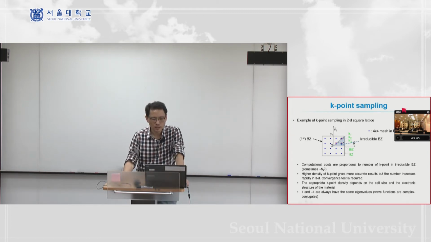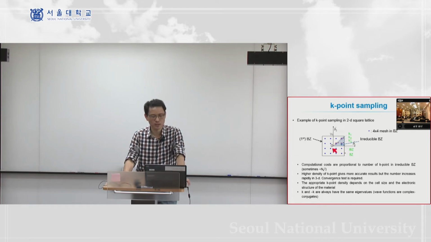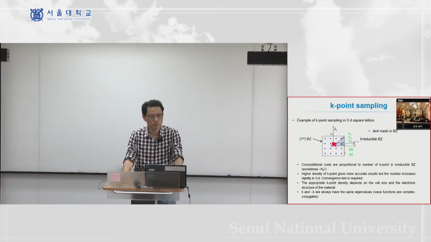Here we have this 4x4 k-point mesh in the first Brillouin zone. Let's say that because of symmetry, the shaded region in blue corresponds to the irreducible Brillouin zone, which means that every other point is symmetrically equivalent to a point in the irreducible Brillouin zone. So instead of the 16 points on this 4x4 mesh, you just need to compute on these three points here, k1, k2 and k3.